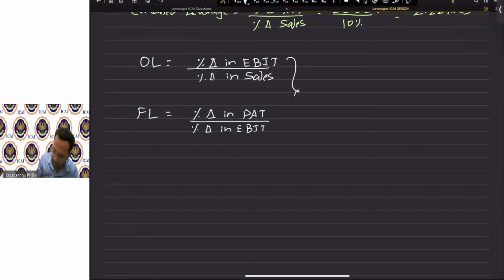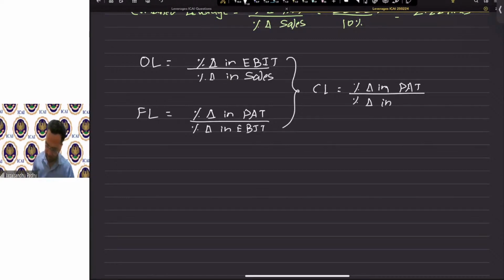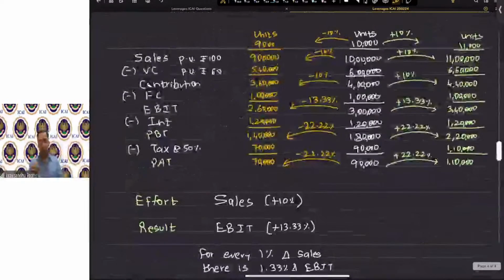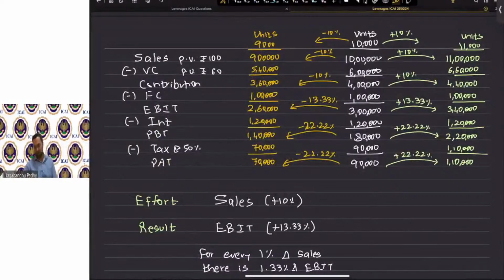And a combined effect of both will be the combined leverage, which will be percentage change in PAT due to some percentage change in sales. Okay, so these are the formula for operating leverage, financial leverage, and combined leverage as far as the original meaning of the concept is concerned.